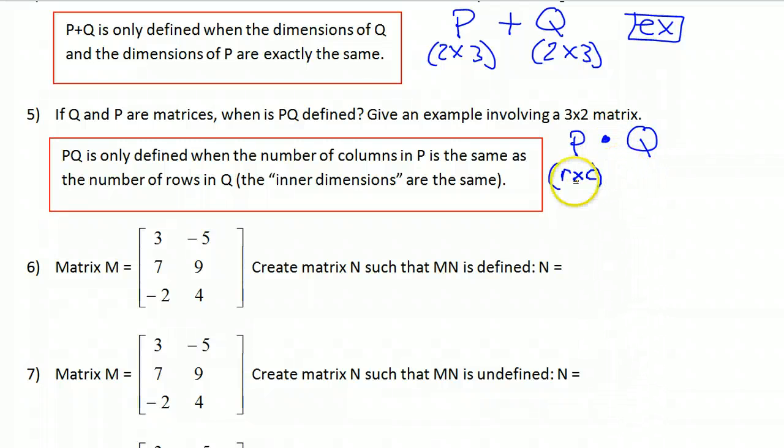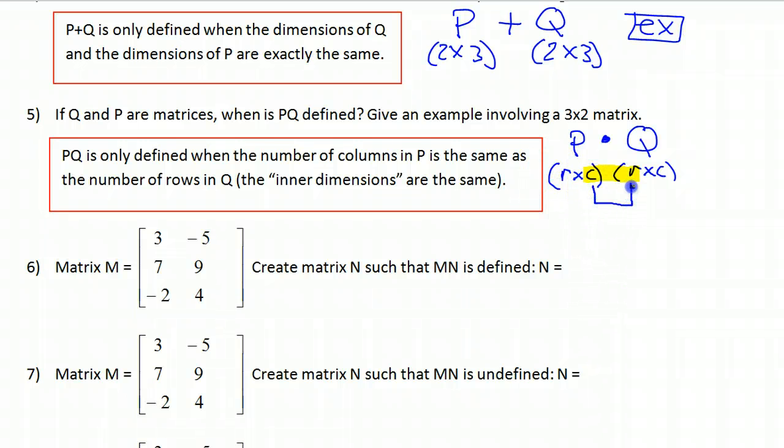And then matrix Q has its own rows and columns. So it's these inner dimensions that have to be the same. That's why I say the number of columns of matrix P has to be the same as the number of rows in matrix Q. Okay?